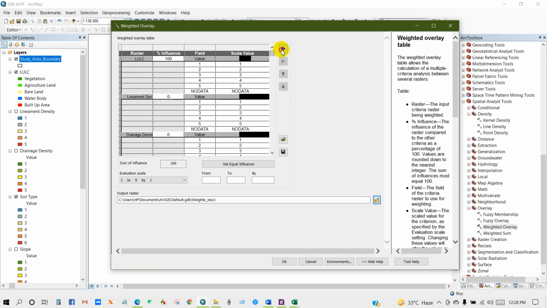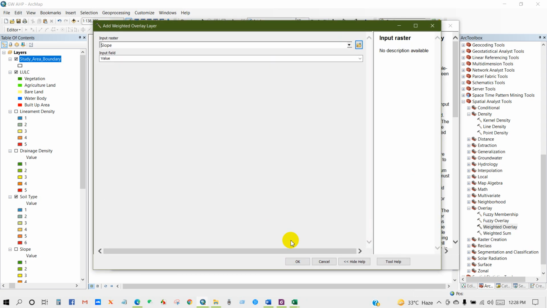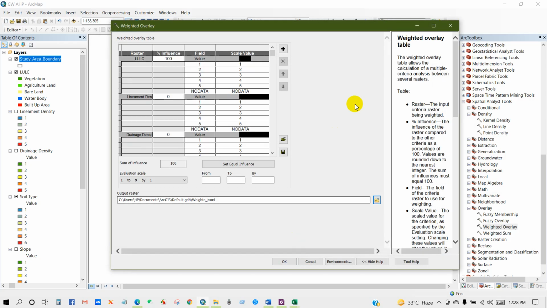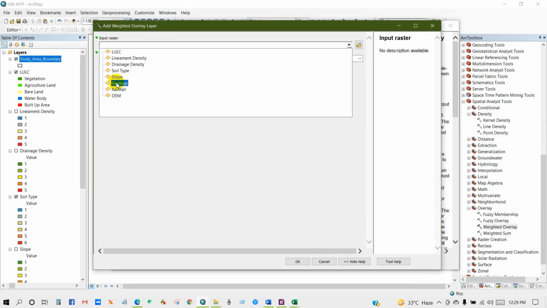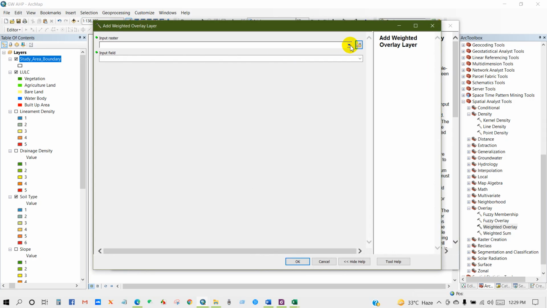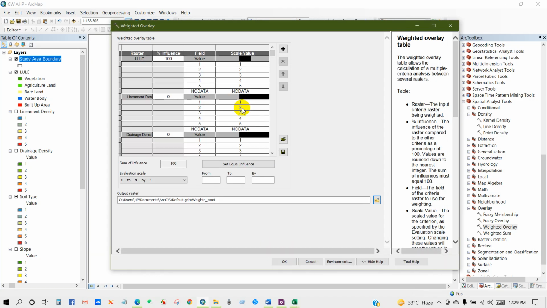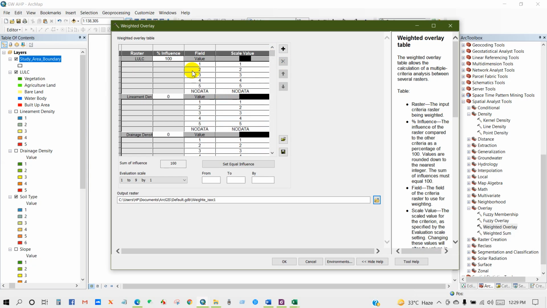Here you have to add your factors or variables one by one. I'm adding geology, then rainfall. I have added all the factors here in the weighted overlay table.